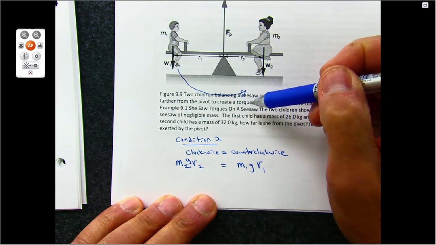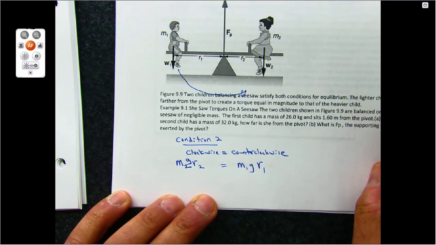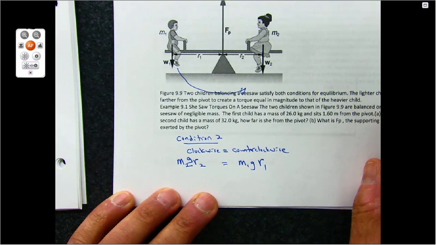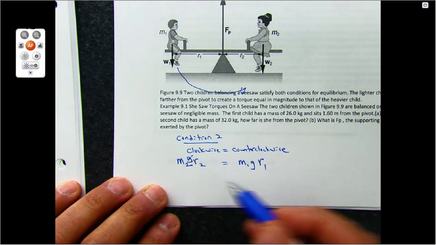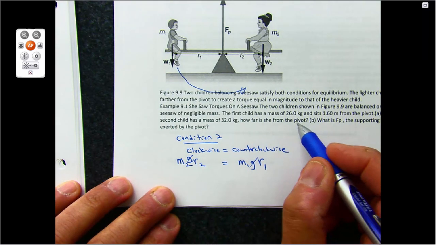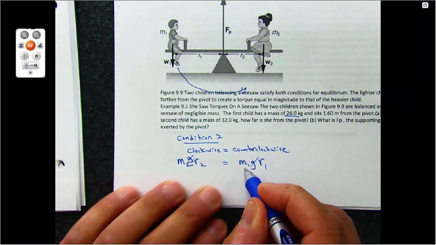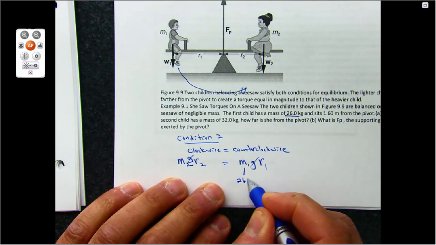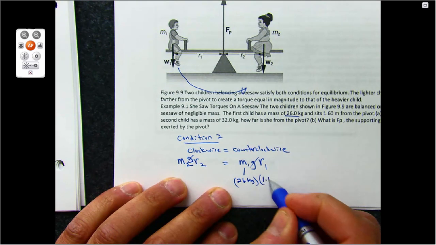If they are balanced, trying to go counterclockwise should be equal. So let's see, M2 g, we can cross out g, and the first child, M1, is 26. Do we know what it sits, 1.60 meters?